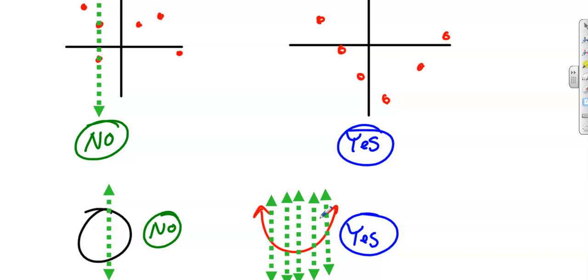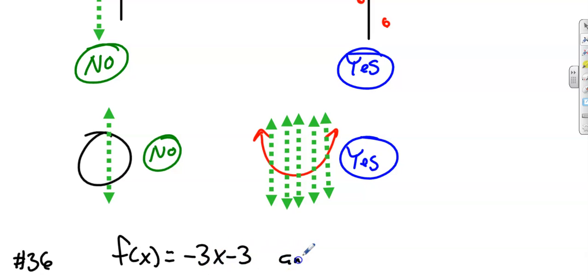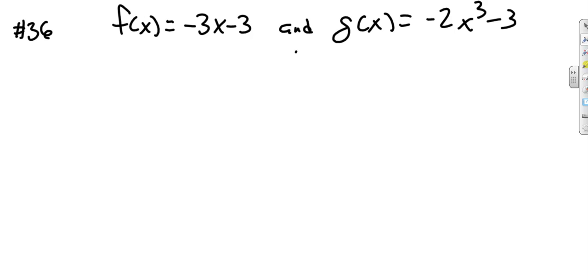Okay, and then the last few pieces at the end are still kind of dealing with functions, having you work through some of these, where they'll give you different functions to start off with. This one we'll go with 36 here. f of x is negative 3x minus 3, g of x is negative 2x to the third minus 3.